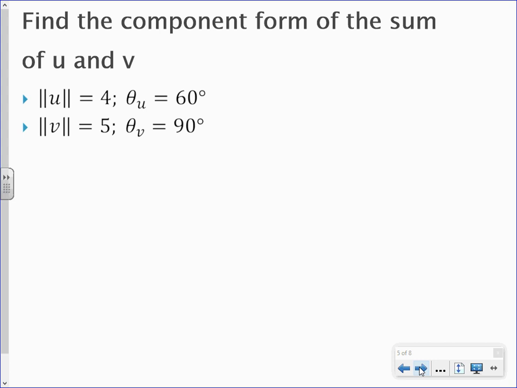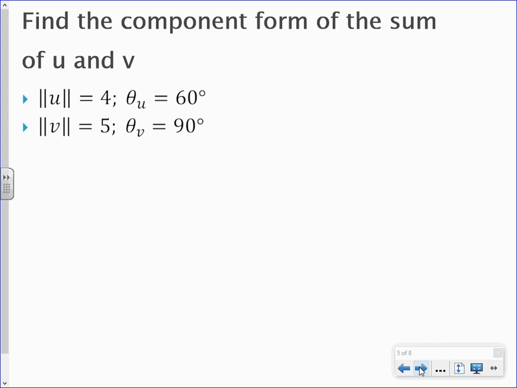Find the component form of the sum. Okay, so what do you think our process is going to be? Can I add these two together right now? We cannot. We first need the component forms so we can add like components together, and then we will have the component form of u plus v.